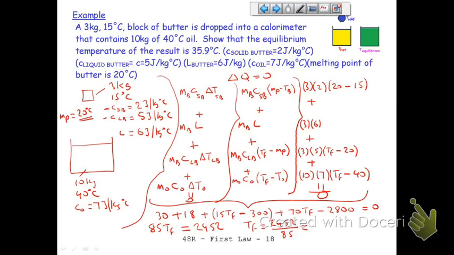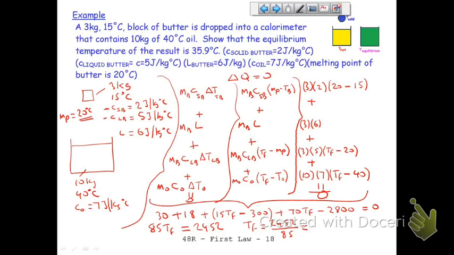2,452 divided by 85 equals, I'm getting 28.8. Ooh, I made a mistake. You did 2,800 minus 300, so plus. Oh, thanks ever so much, yes.